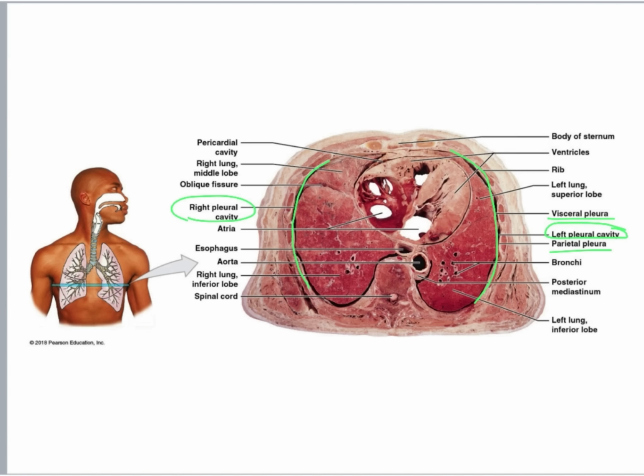Now, the way this is treated is by inserting the needle of a syringe into the pleural cavity, and then trying to aspirate the air into the syringe. And as the air is drawn back into the syringe and out of the pleural cavity, the lung reinflates and reattaches to the chest wall. So that's the importance of this pleural fluid in between the two pleural membranes.